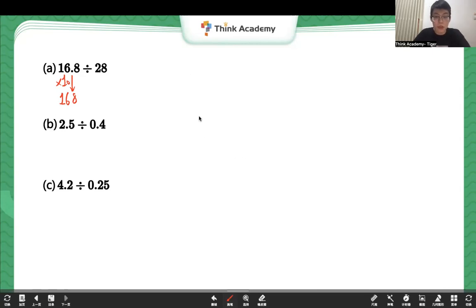Yeah, that's right. And we know that in order to get the same quotient, I need to multiply 28 by 10 as well. So that's 280. So now I am dividing 168 by 280.